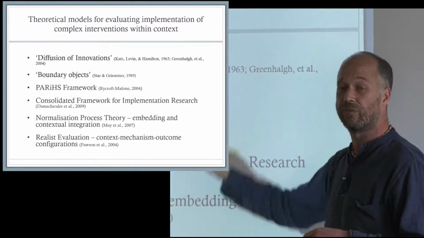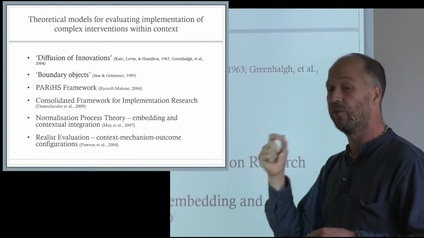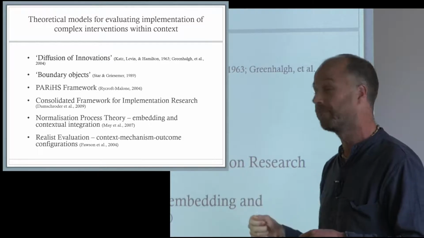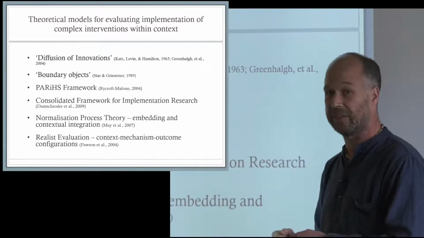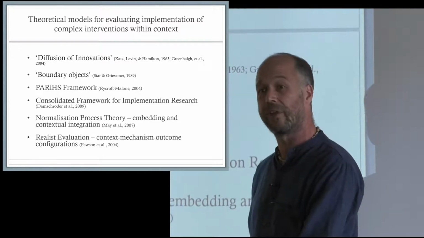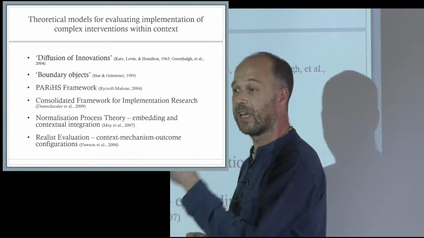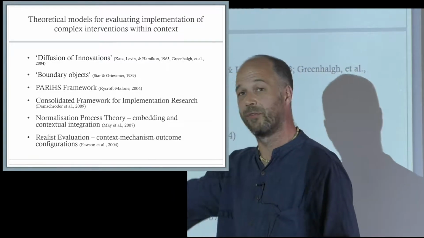But I'd say they all agree that there's a dynamic relationship between your intervention, your innovation, and the context in which it's being delivered, that these things aren't fixed, that you can't just implement something over here at this point in time and expect it to be the same if you deliver it a year later in the same place or in another part of the world.